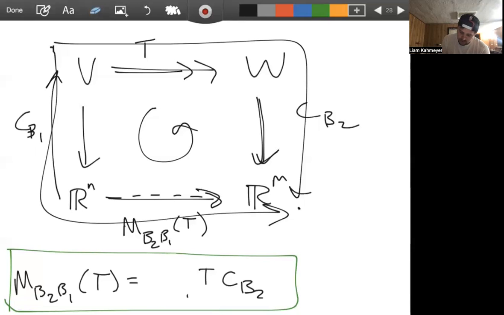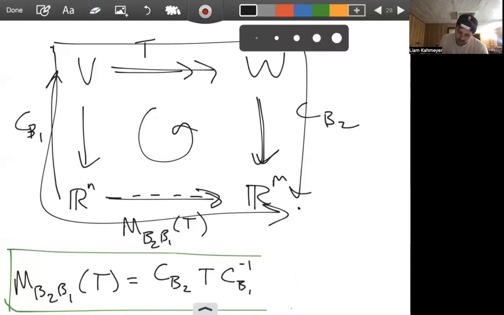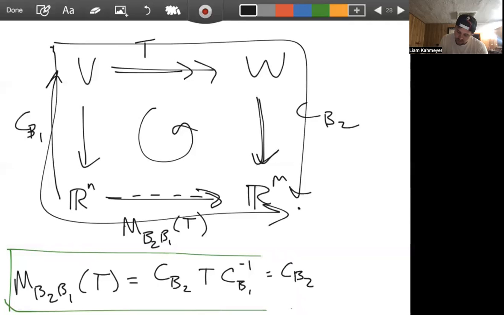I have this flipped, because you always work C_B1 inverse, and then T, and then C_B2. And what is C_B1 inverse? Well, this is going to be equal to C_B2 of T of C_B1 inverse, which is just your basis elements B1.